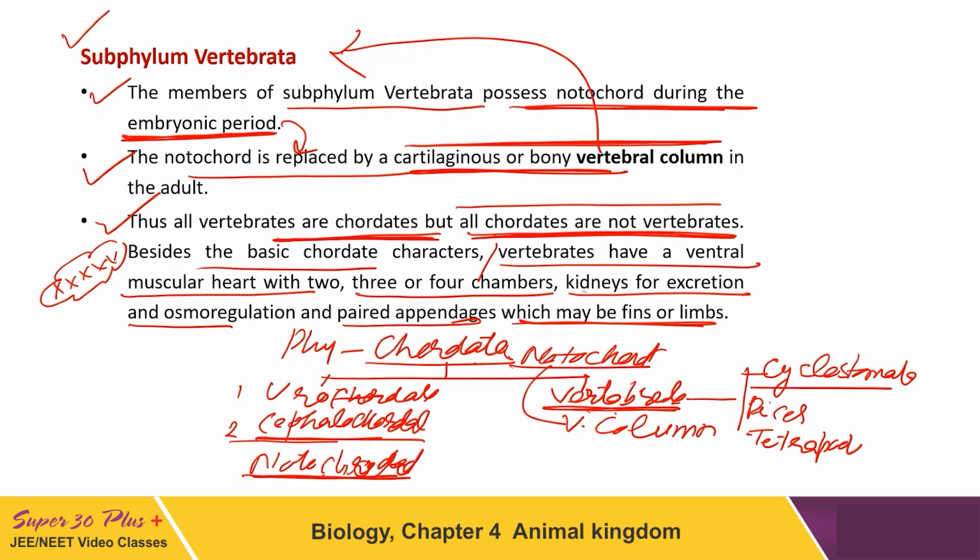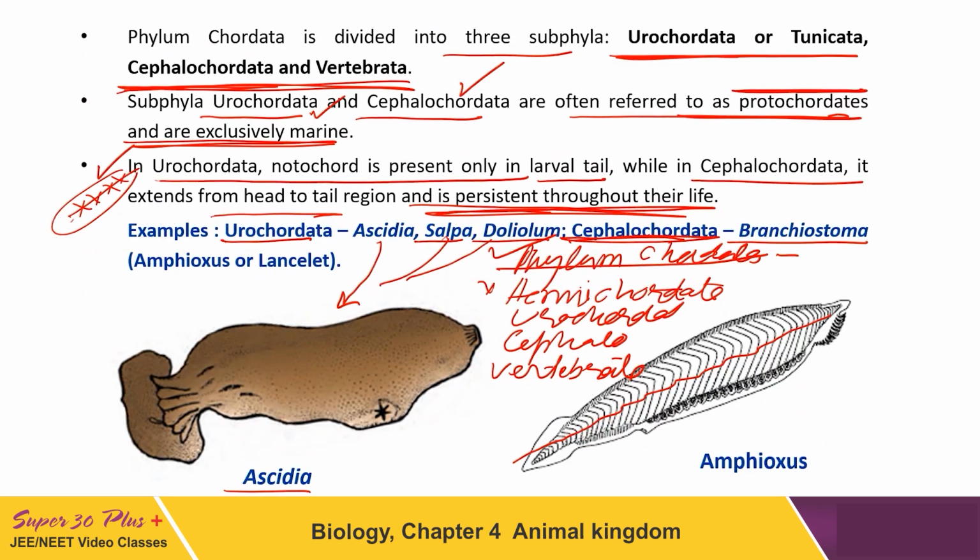Notochord is present and it is not substituted in these, whereas in vertebrates it is replaced. Notochord is present only in the embryonic stage, and then it is substituted by the vertebral column. Is it clear? Right? Okay. Very good question. Then cephalochordates, then Vertebrata.